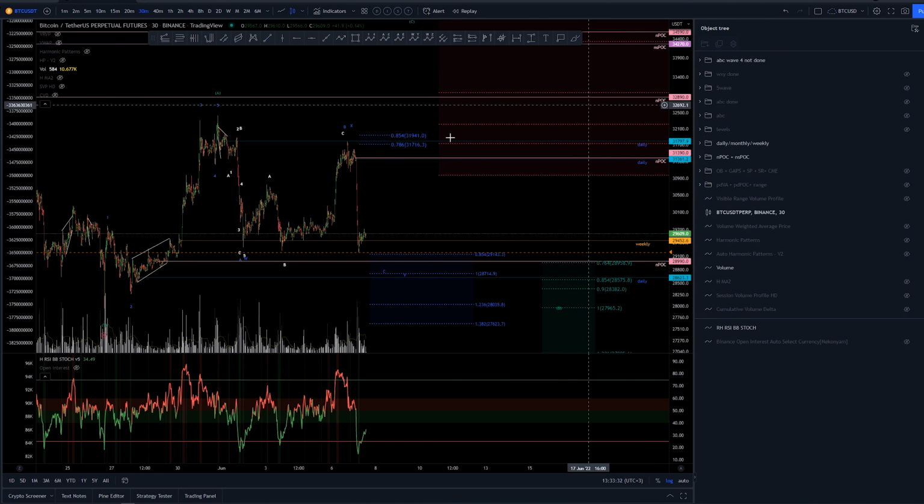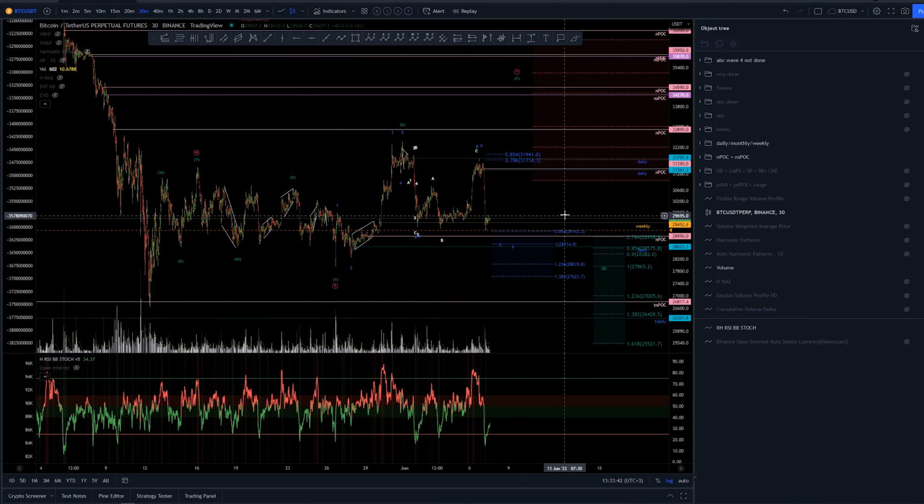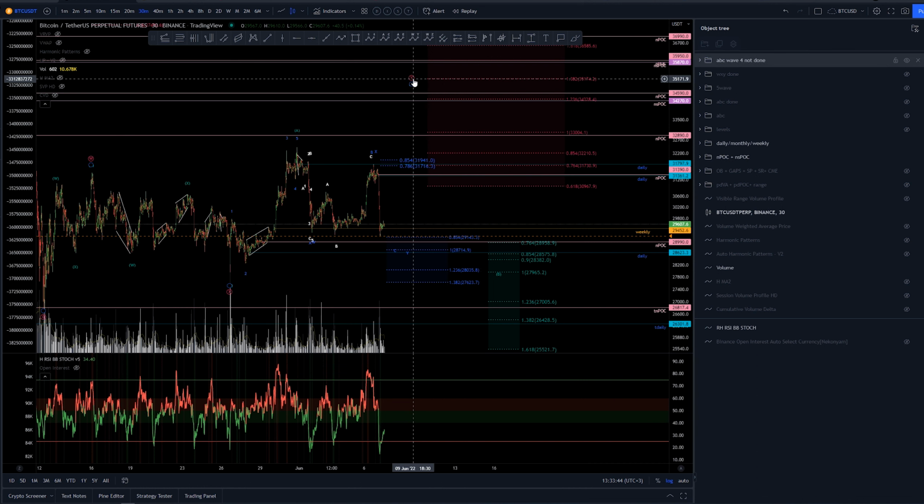We have two different counts that overall are very different, but here we are just expecting a lower move down to these areas as well, and then we would be looking for higher prices on this one. We'll see what happens, and if there's going to be areas of interest where we can jump into that long setup.